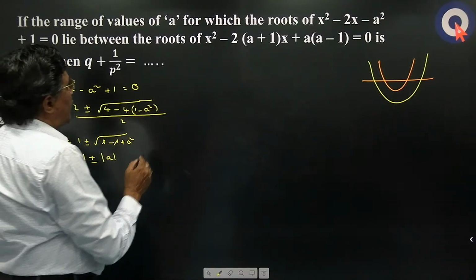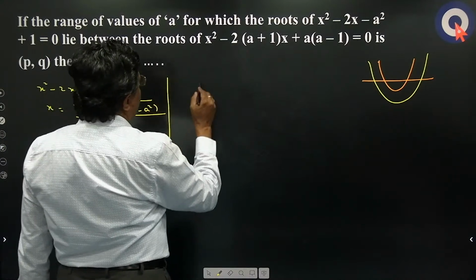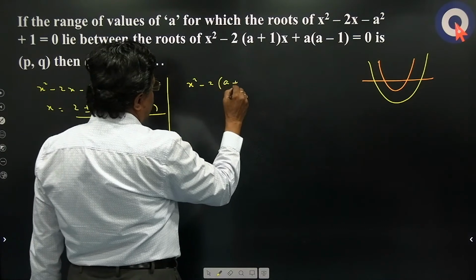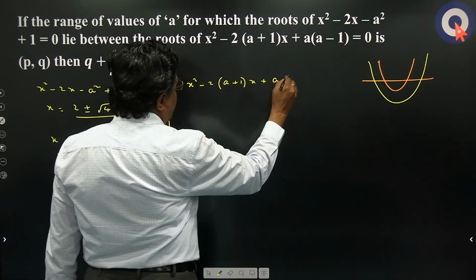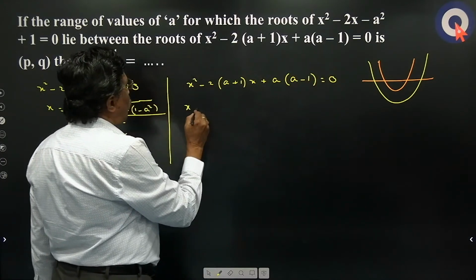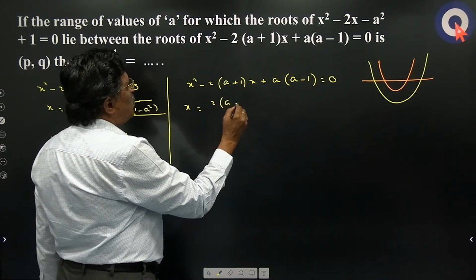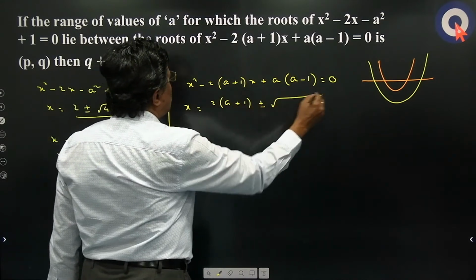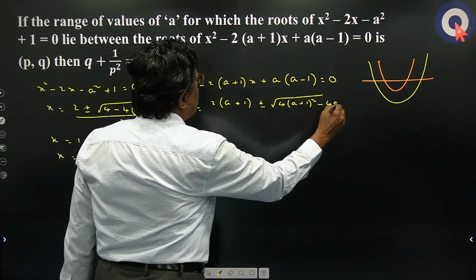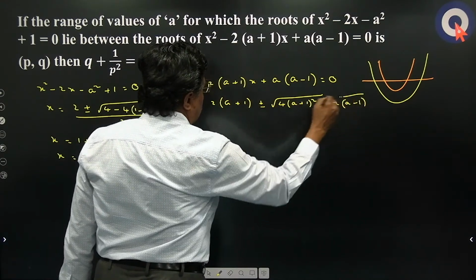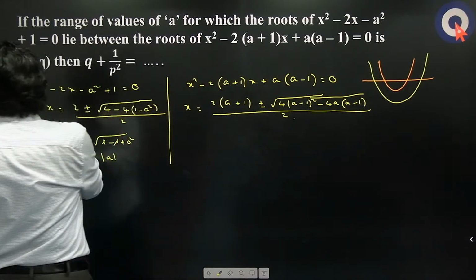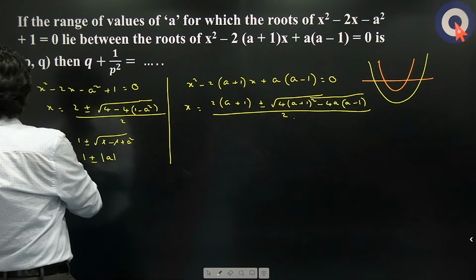Now with regard to second equation, what we get is x square minus 2 into a plus 1 into x plus a into a minus 1 is equal to 0. So we can now do a little simplification here.